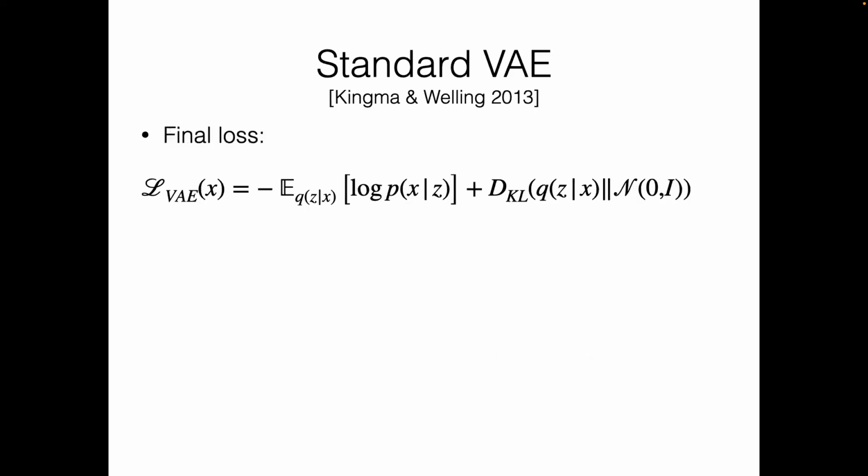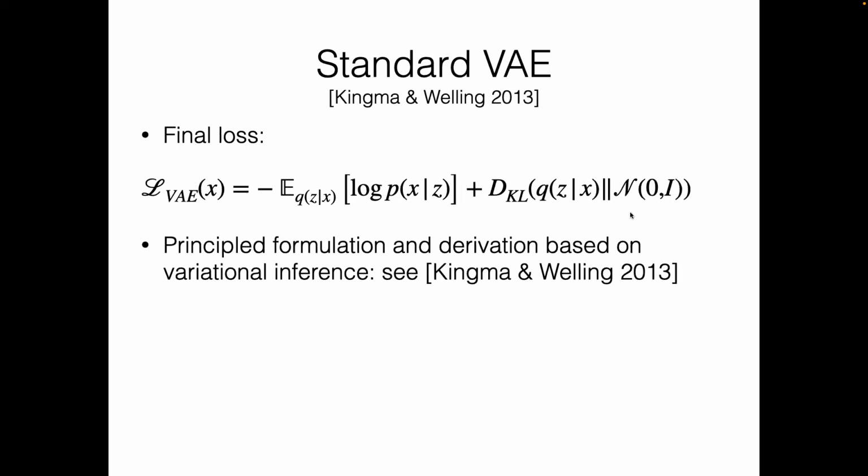So the final loss that you get looks like this, and it's basically these two different terms. Over here you have the regularization, and then here you have the reconstruction loss. And you can basically see that it involves actually generating latent variables from your encoder, and then you try to reconstruct them with your decoder.